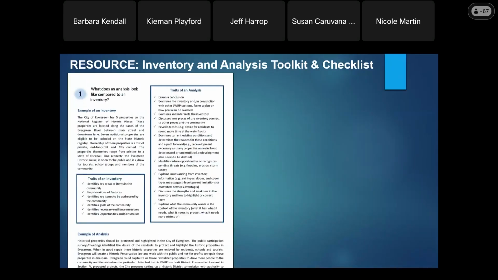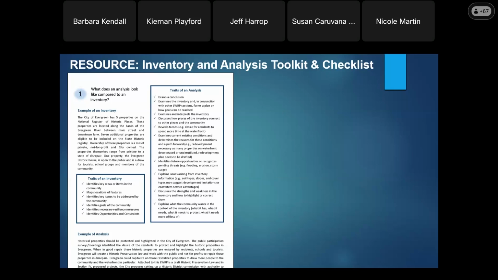And now we have another resource we've been providing to communities that explains what an inventory and an analysis is and how they relate to each other. So in this resource, it will just again give you an example of an inventory.